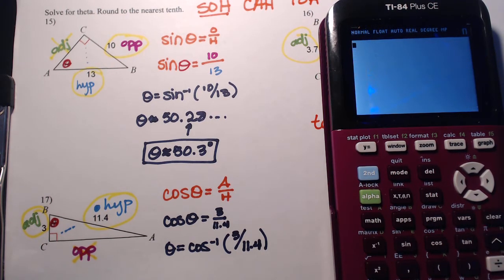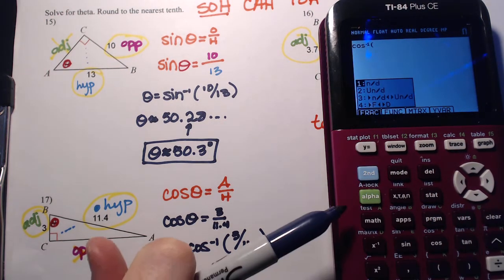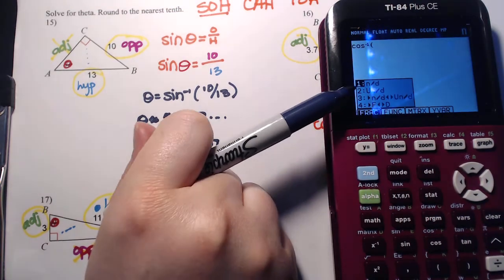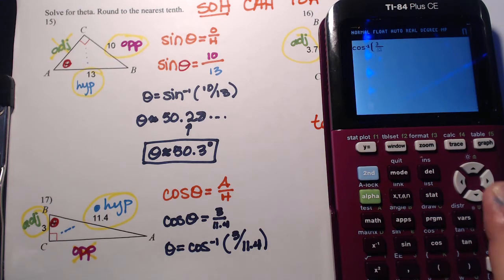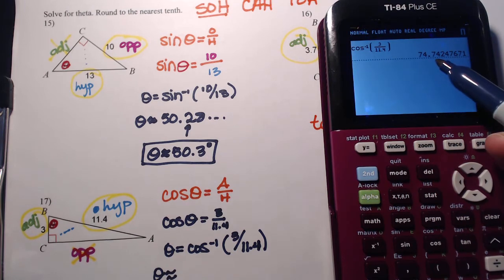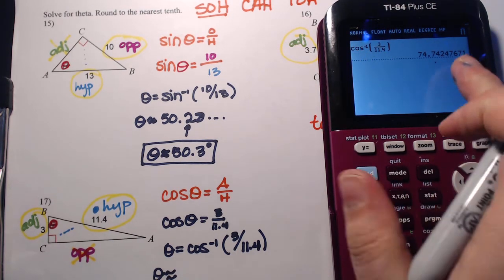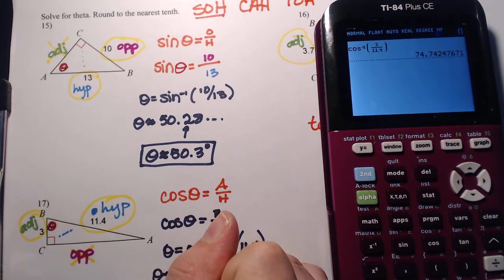One thing I want to show you: if you want to type in visualizing the fraction, which is sometimes better, you do alpha y equals. This ND stands for numerator denominator. And then I can actually type in how it looks. Okay, so we get 7 is the tenths place, 4 is where I'm looking to round, so 4 is less than 5, so it stays the same. So we get 74.7.